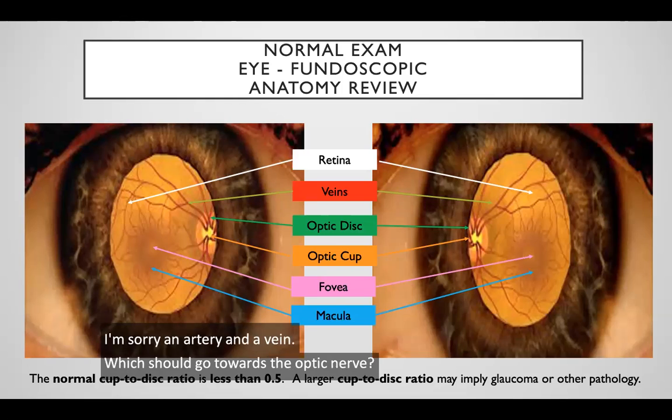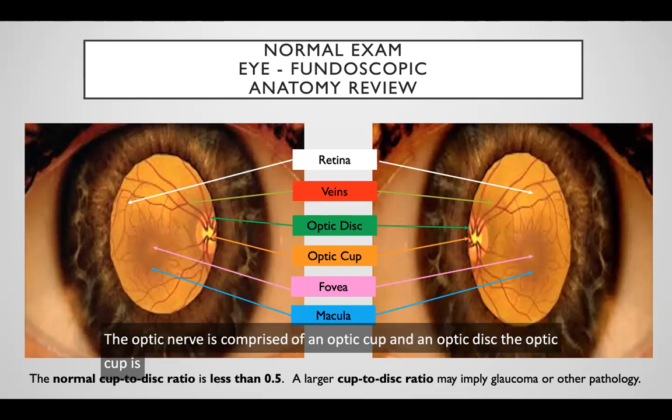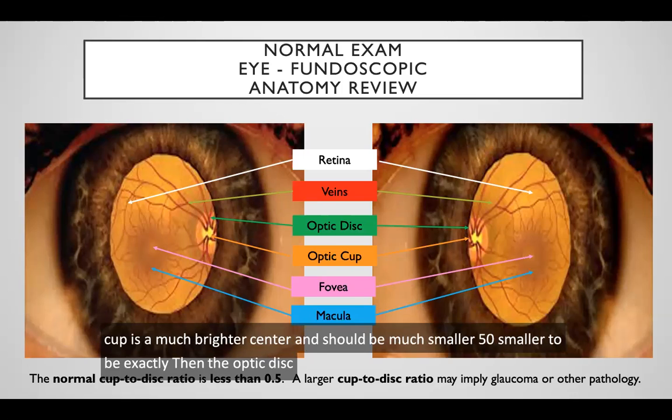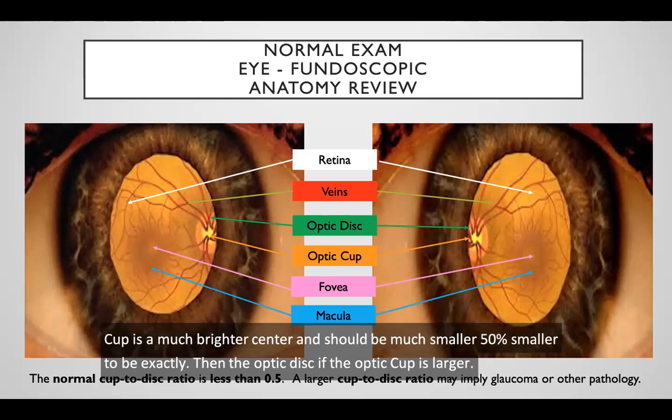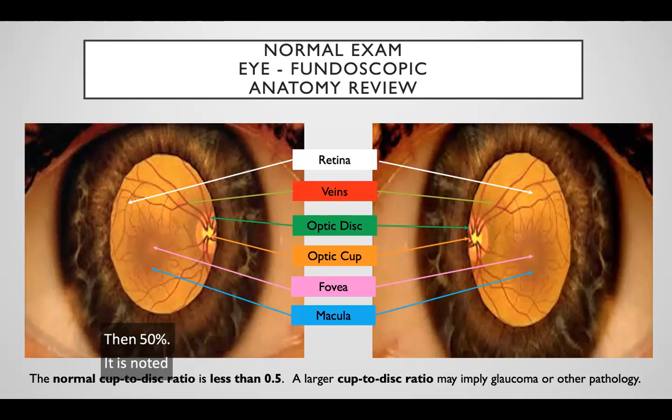The optic nerve is comprised of an optic cup and an optic disc. The optic cup is a much brighter center and should be much smaller, 50% smaller to be exact, than the optic disc. If the optic cup is larger than 50%, it is noted to be abnormal and could be a sign of glaucoma.